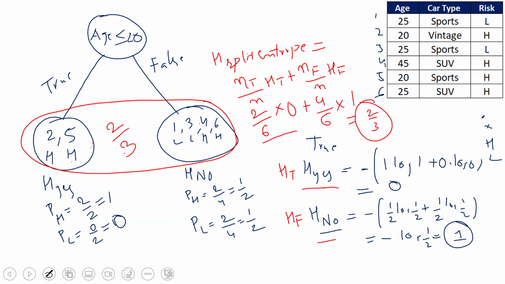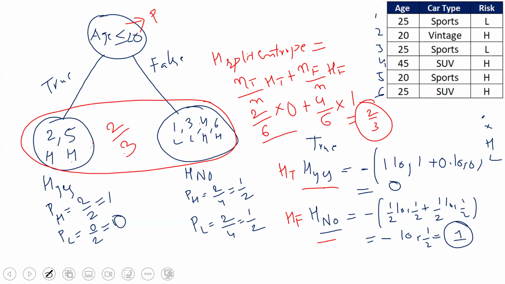Now we have to calculate the probability here. How do we calculate it? Here the whole data comes in. This is the root node, so the whole data will be there.